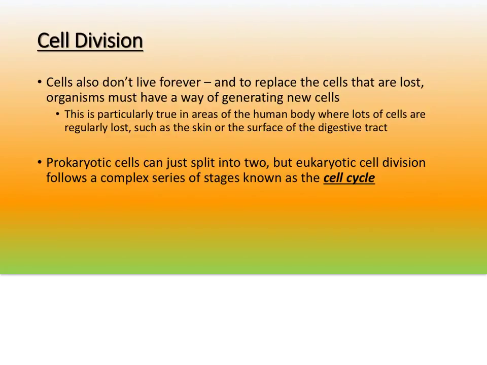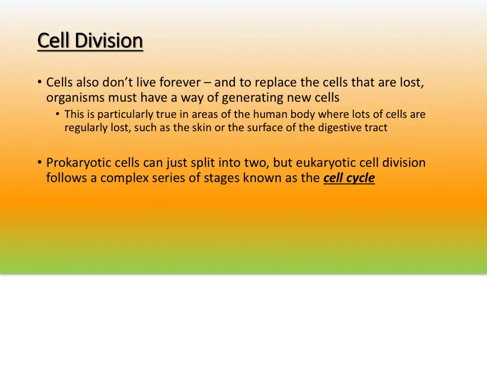Now, cells also don't live forever. So like I said, we also have to maintain the body. We need to replace cells when we lose them. We need a way to add in new cells if we see damage or injury. This is going to be really true where you are more likely to get injured or lose cells. So, for instance, your skin surface or your airway, your throat, or your digestive tract, your esophagus, your stomach, these areas constantly lose cells because mainly they run into stuff.